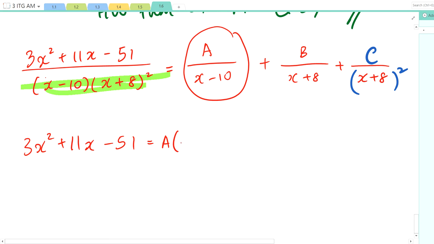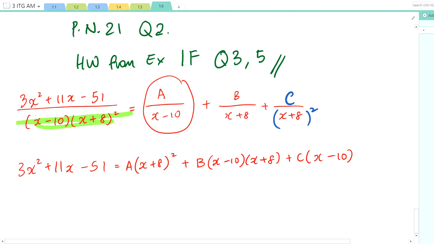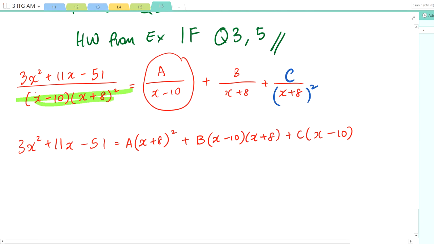A(x plus 8) squared plus B(x plus 8)(x minus 10), any more? C(x minus 10). Excellent. With this, you can also solve for A, B, and C. What's the best way to solve, for example, for the value of C? What's the best way to do it?